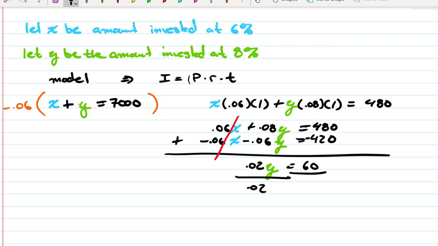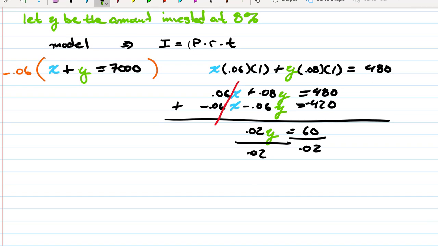Divide by 0.02, and that gives me that y is equal to 3,000. So if y is equal to 3,000, I substitute that into the other equation. So I would get x plus 3,000 equals 7,000.